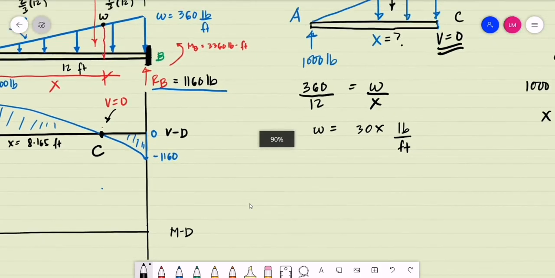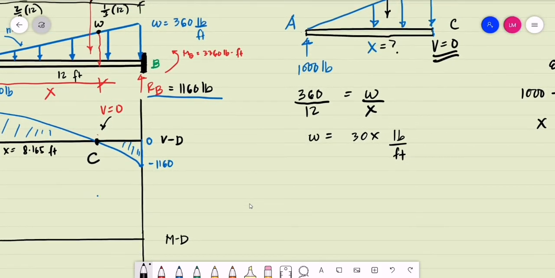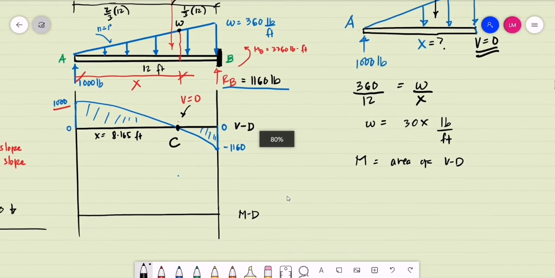How do we compute for the moment at that point, at point C? So again, how do we compute for the moment using the area method? The magnitude of the moment can be computed as the area of the shear diagram. Starting at A, point A is a free end, so obviously the moment at A is equal to 0.